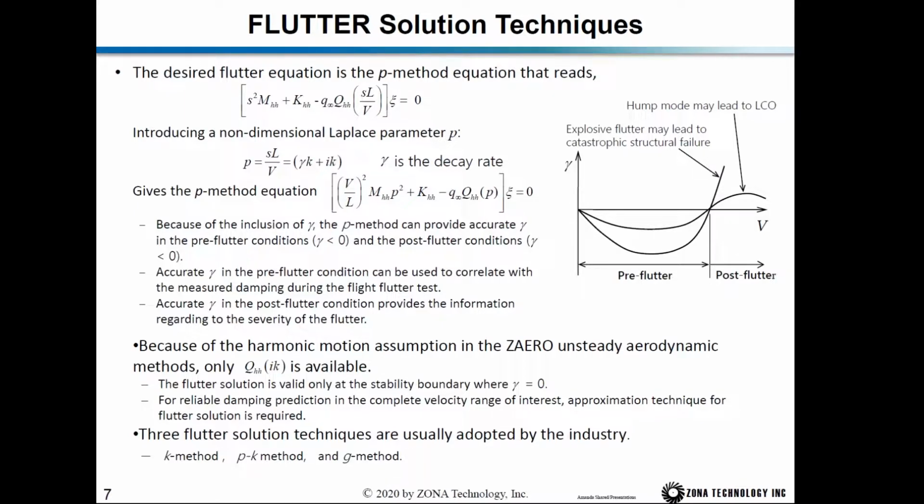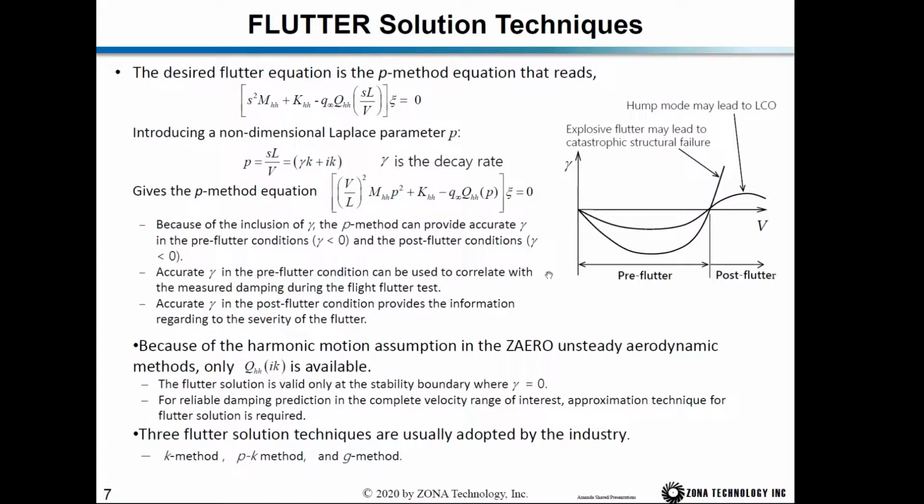Those effects may limit the growth of the amplitude due to Flutter, so this will give you limit cycle oscillation. So if you have this kind of Flutter mechanism, in reality, when Flutter occurs, the structure may be free from structural failure.